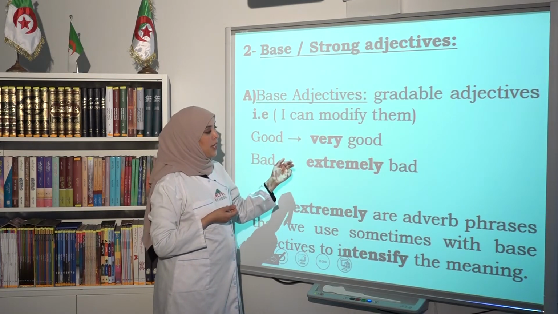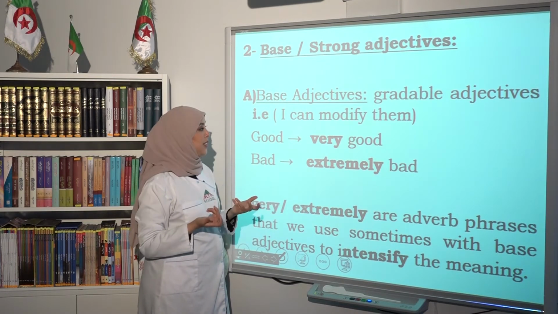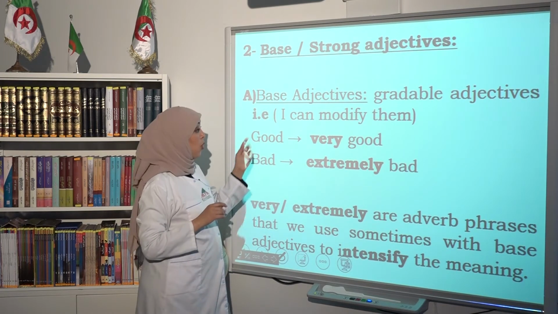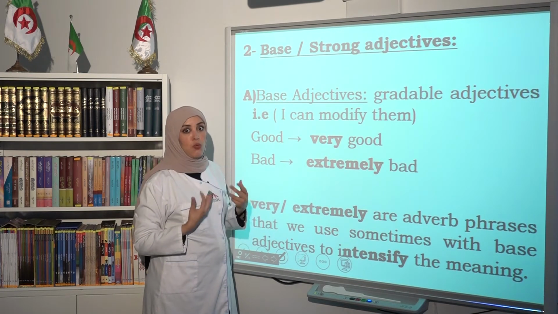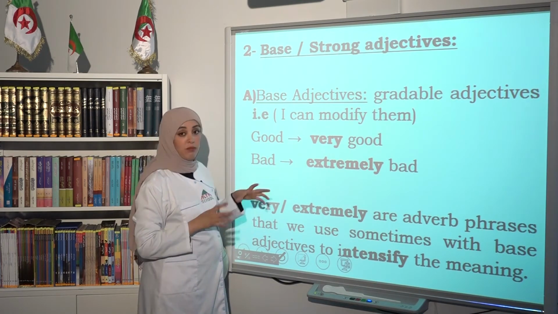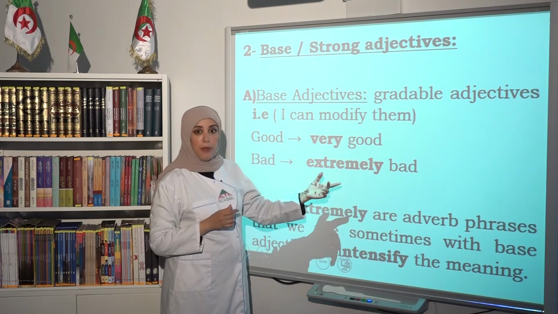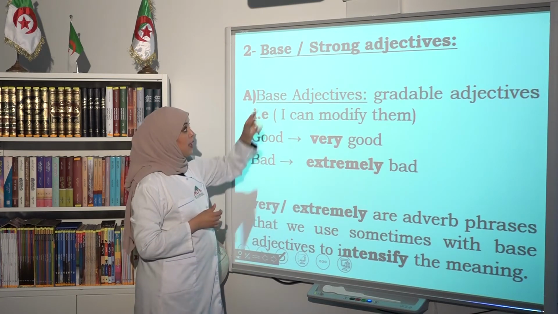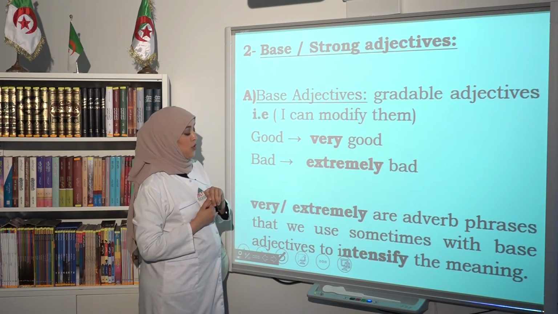I have very and extremely. If I say your essay, your writing, your expression was good, or it was very good, extremely good. Here the meaning is intensified. Bad, extremely bad. See, to these we can add very and extremely, okay? After that, we're going to see strong adjectives.